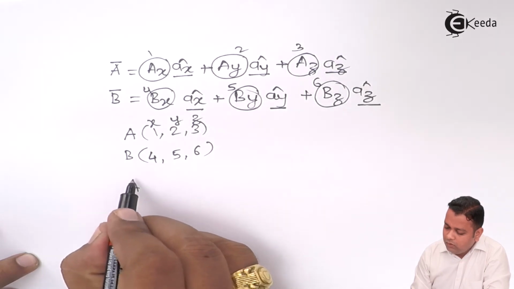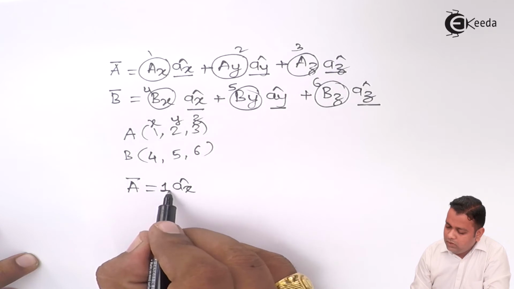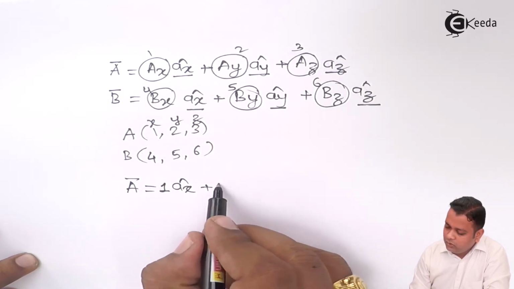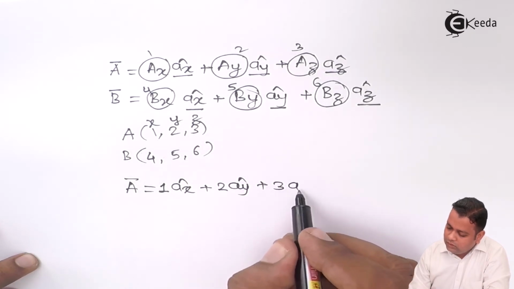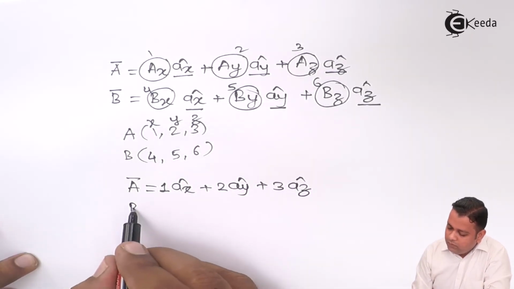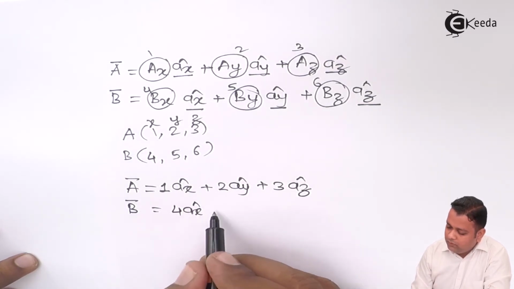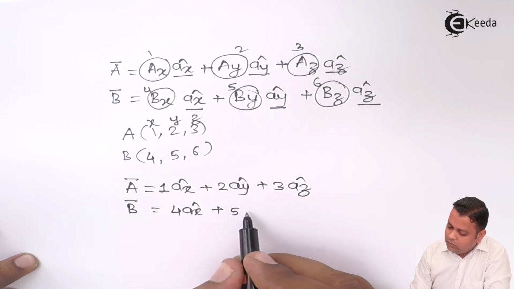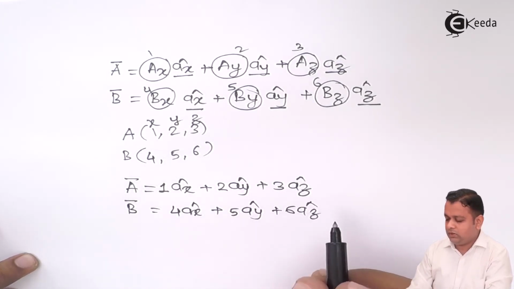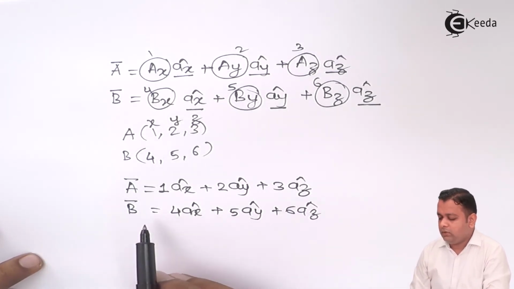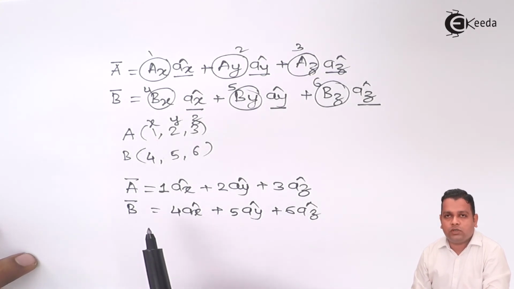So a bar will be represented as 1 ax cap plus 2 ay cap plus 3 az cap. b bar will be represented as 4 ax cap plus 5 ay cap plus 6 az cap. Now these are the representations of vectors using the rectangular or Cartesian coordinate system.